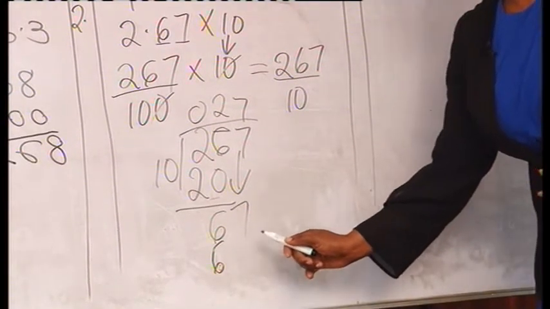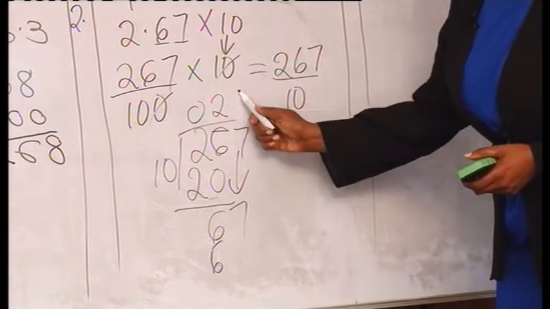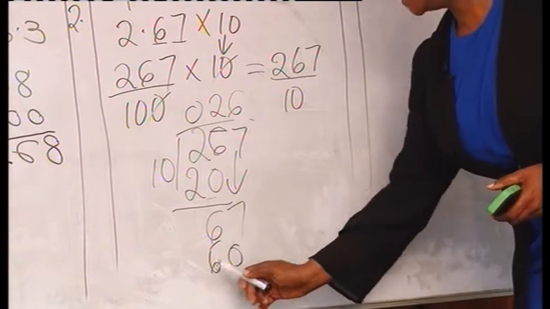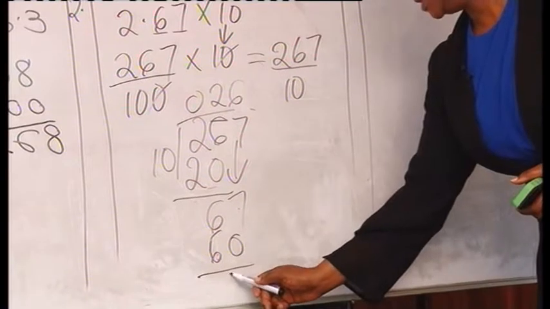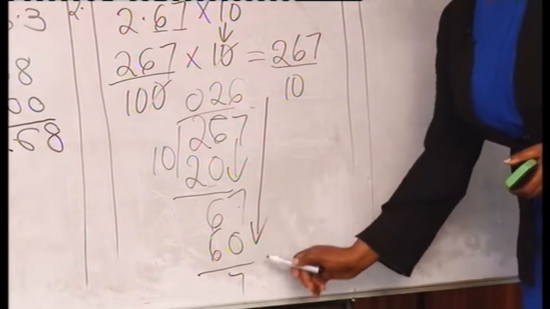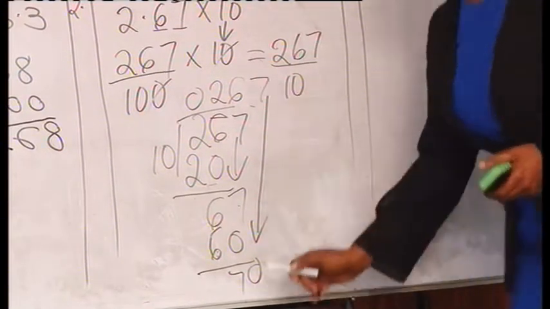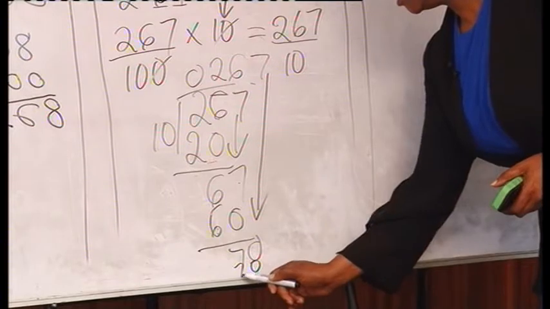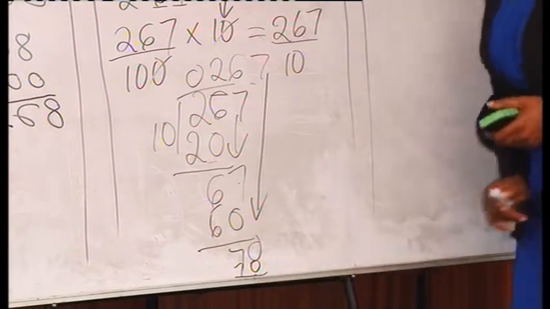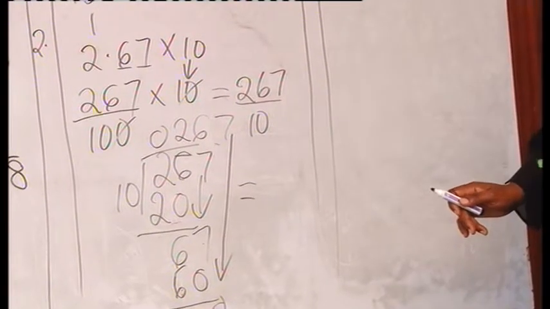So 67 divided by 10, no, it will be 6 because of 60. Then 7. Then, like we discussed yesterday, I drop a 0, and this will be 7 because of 70.